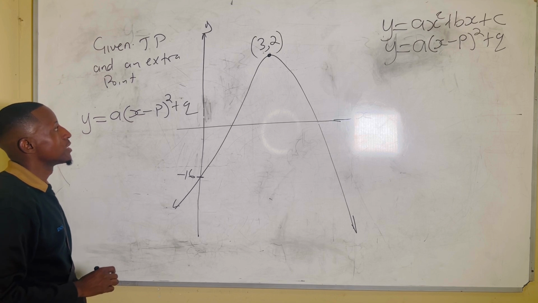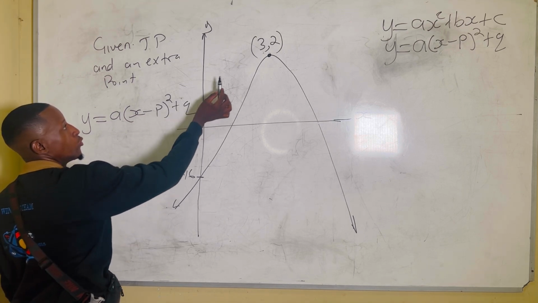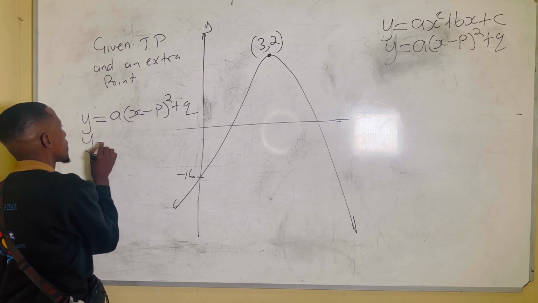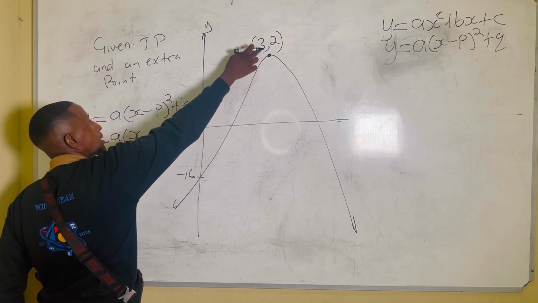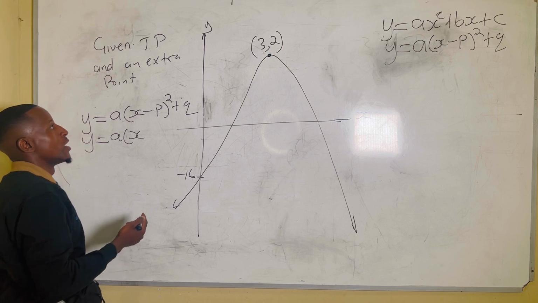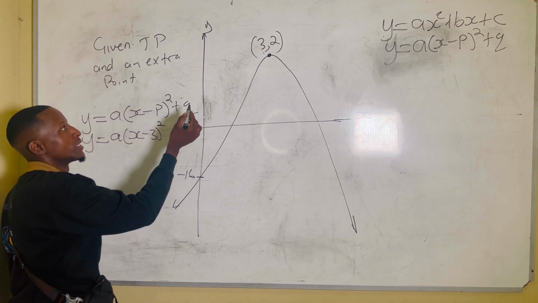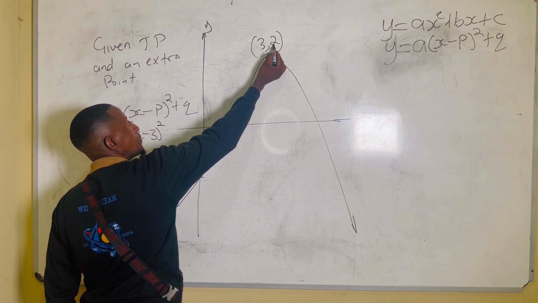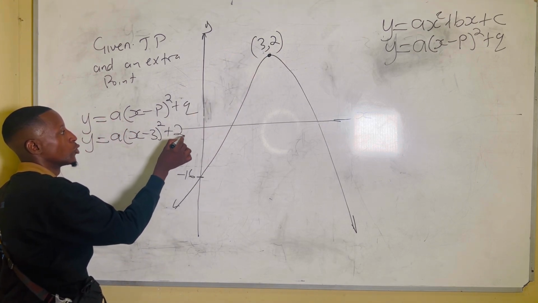So the first thing, you need to substitute the values of the turning point P and Q because they are given. Can we substitute the values of the turning point? If your x is positive, if it comes here, it will be negative. Then your y, if it's positive, it will still remain as a positive. So it's gonna be plus a 2.